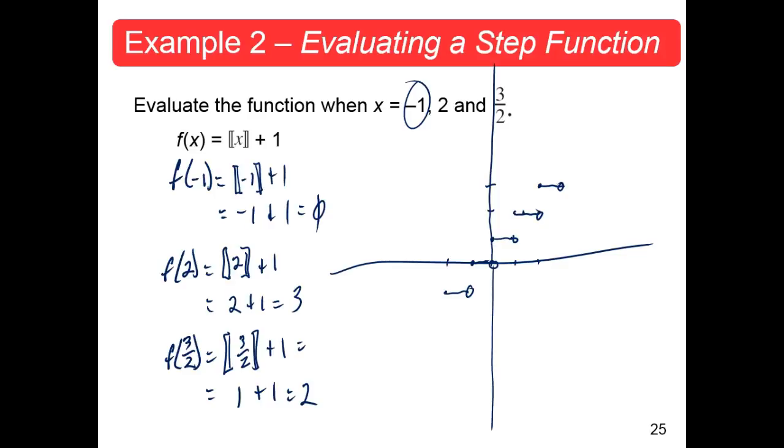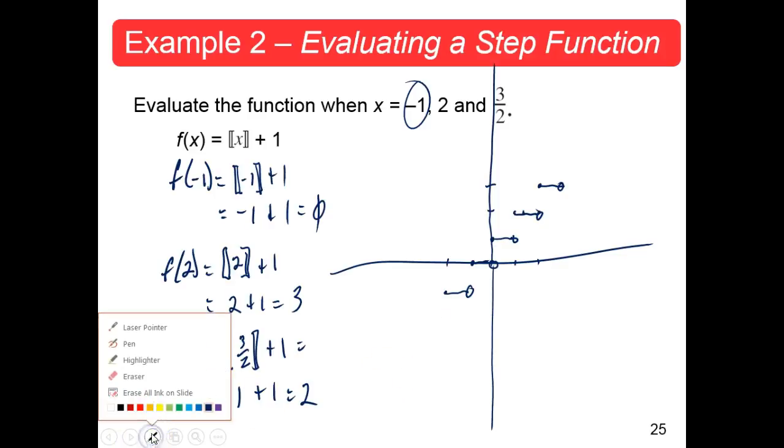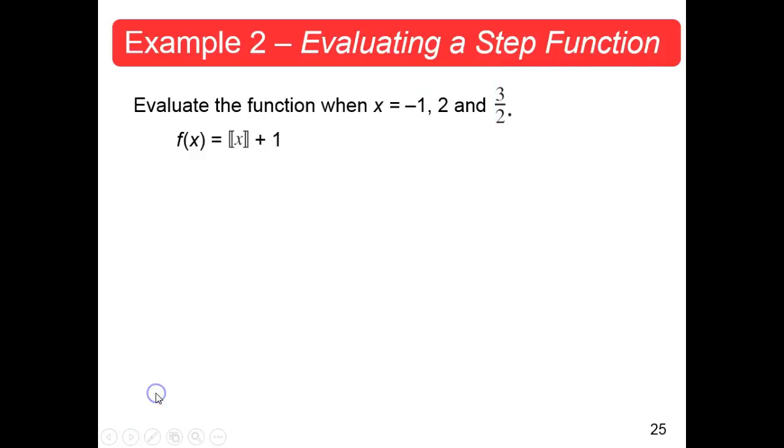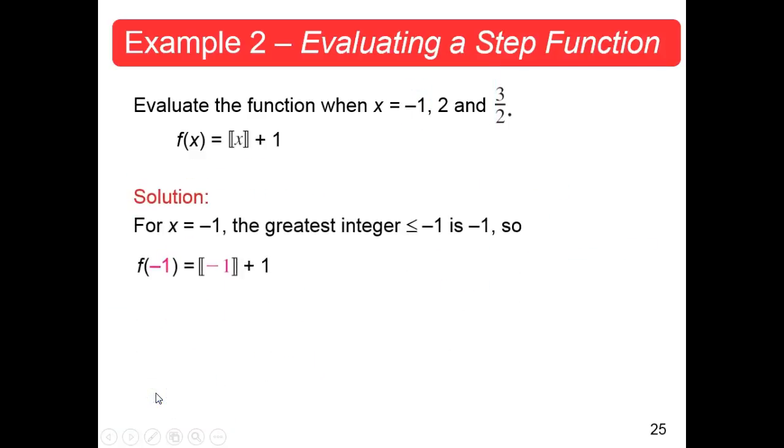So, any questions? Let's clear that. You don't have to look in the book. You can watch right here. Let's clear all this ink. And greatest integer, x equal -1. Greatest integer less than or equal to -1 is -1. So that would be -1 plus 1 is 0. Okay?